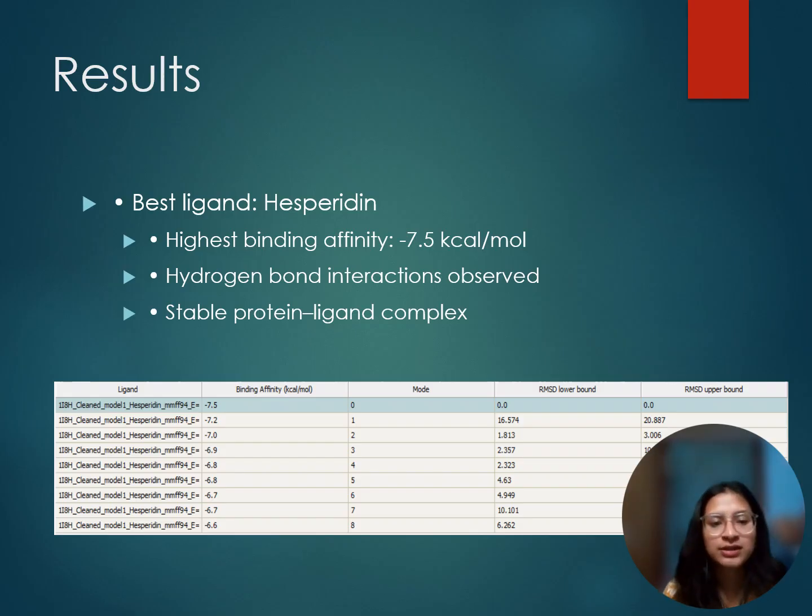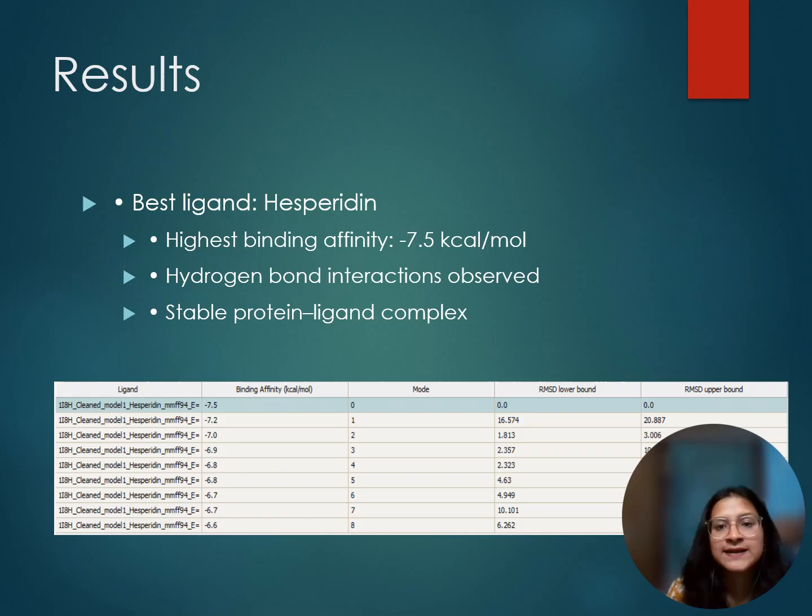Among all the different ligands I used, hesperidine is giving the best result, which is minus 7.5 kilocalorie per mole, because the other ligands I got are below minus 6, which I think is not a good docking score. So I particularly selected hesperidine.